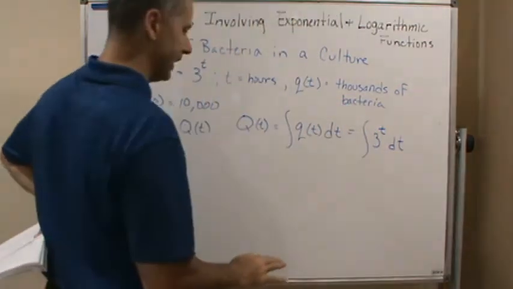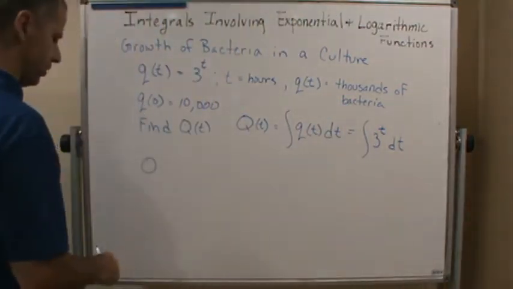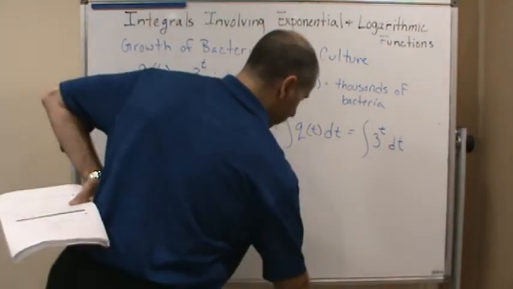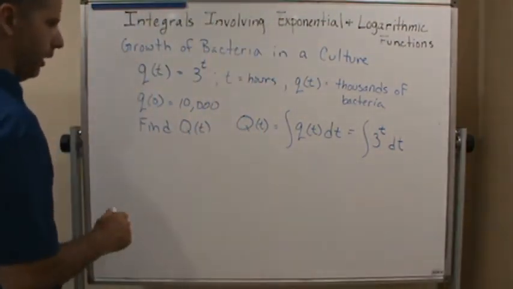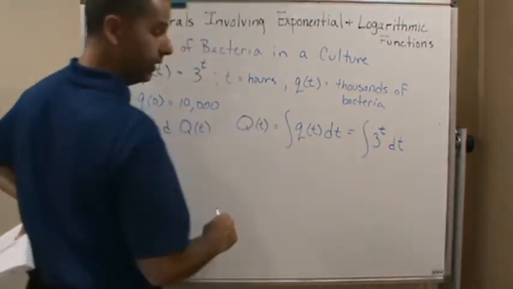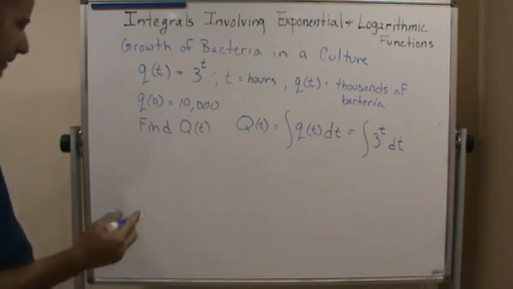Now the thing is we don't have to do u substitution here, because it's just 3 to the t. All we have to do is use the general rule: we're going to get the same exponential, but then we're going to divide by the natural log of the base.